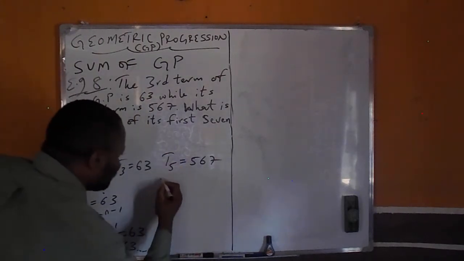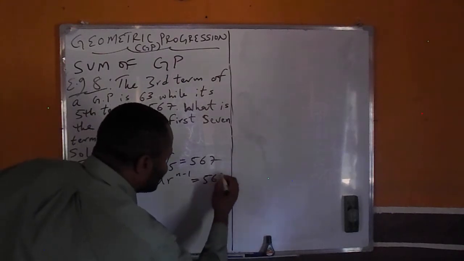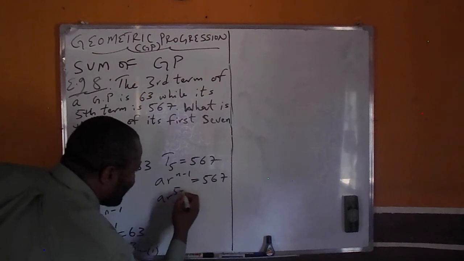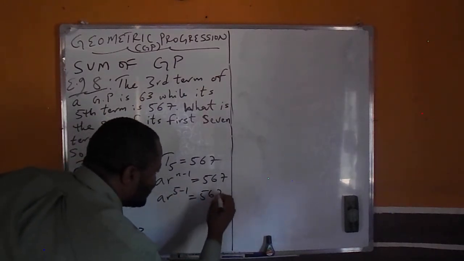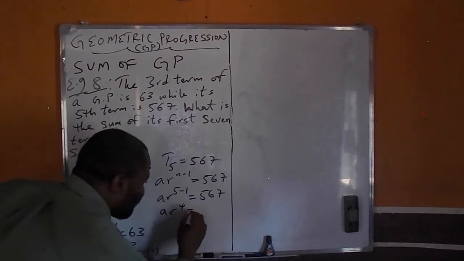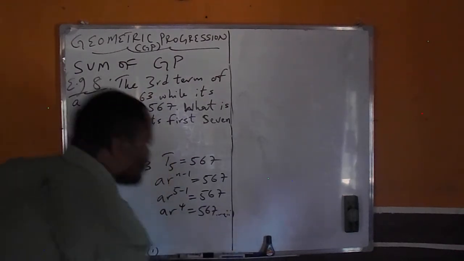Then here too we have AR raised to power n minus 1 equals 567. AR raised to power 5 minus 1, 4, equals 567, equation 2.